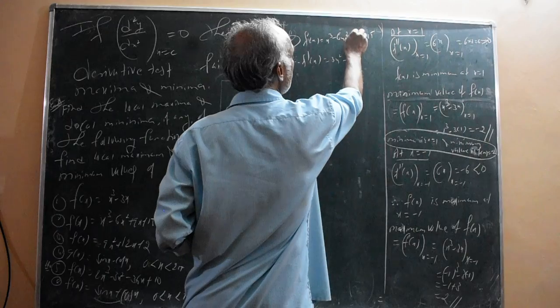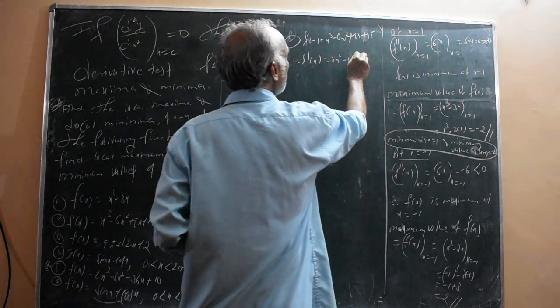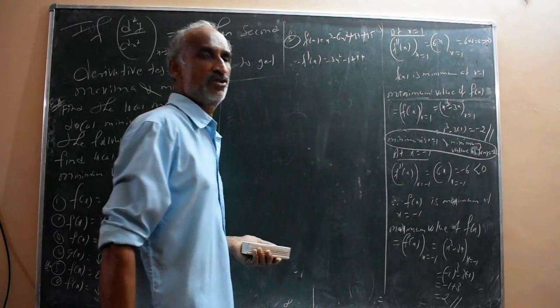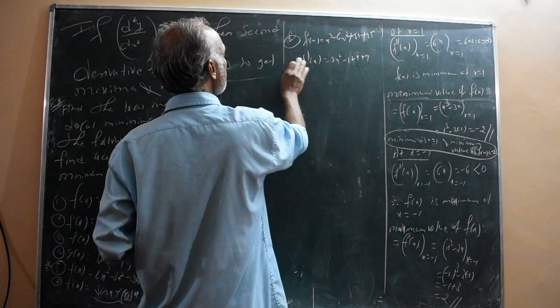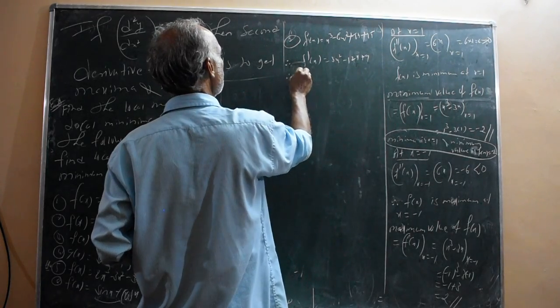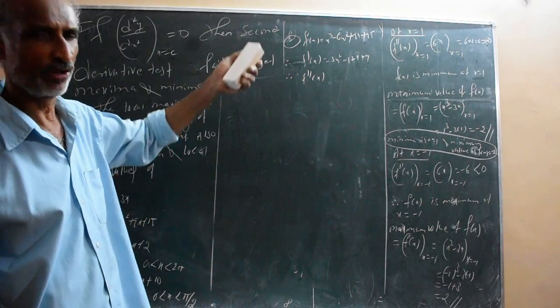Plus or minus is there, you have to differentiate each and every term. Plus 9 into x differentiation, 1, 9 into 1 is 9. Therefore, f double dash of x, again I am differentiating with respect to x. Try to write it in short.